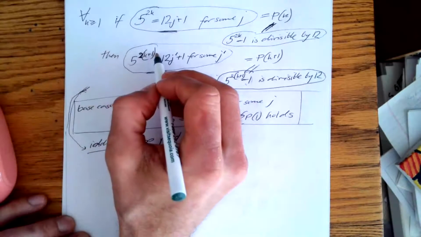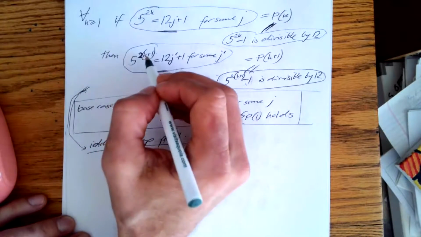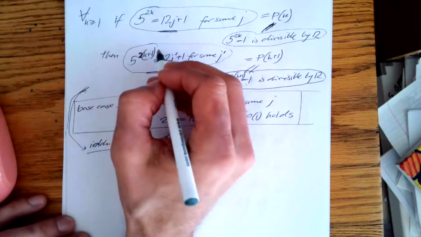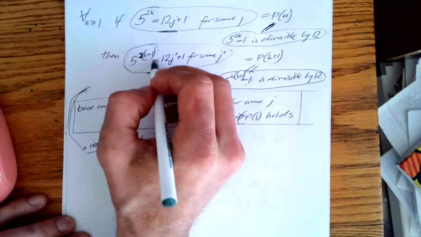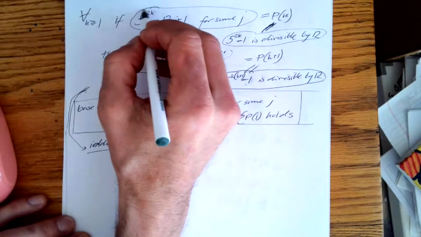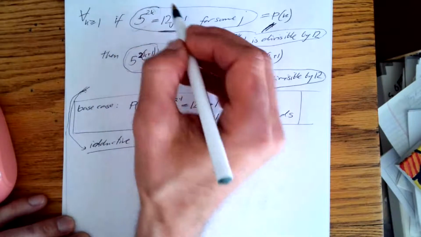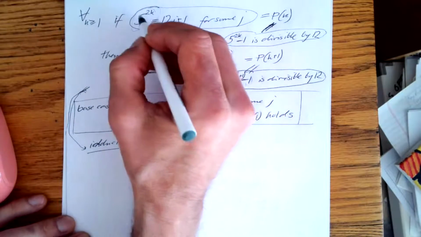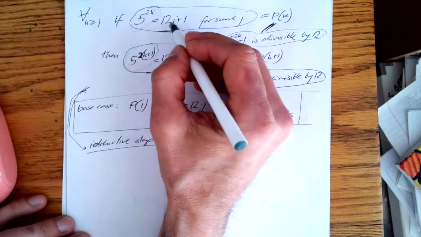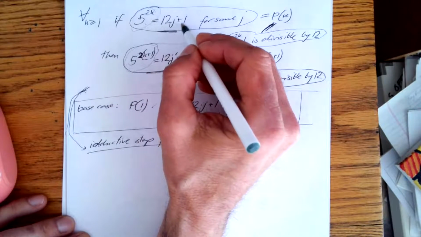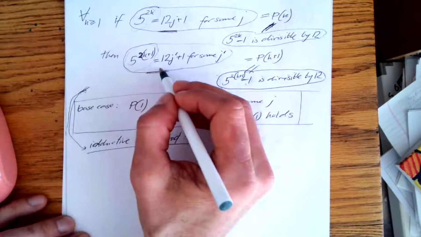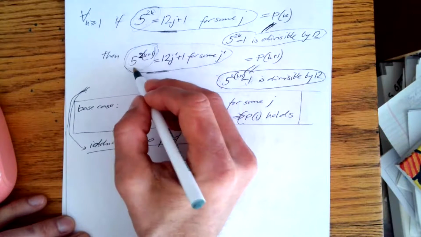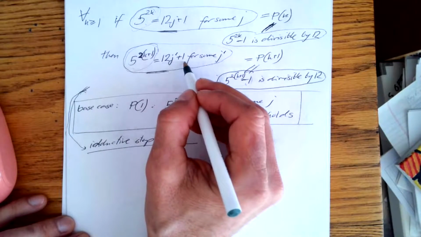Let's try to use our old style thing and express this as some function of that, then use the inductive hypothesis to replace that by 12 times something plus 1, and hopefully this will let us express this thing as 12 times something.